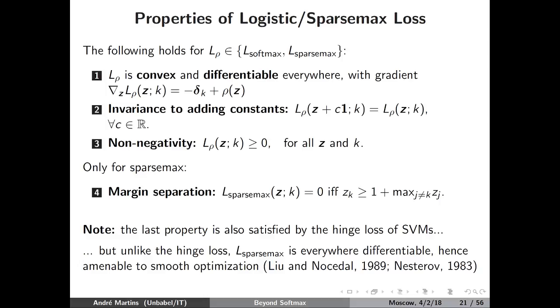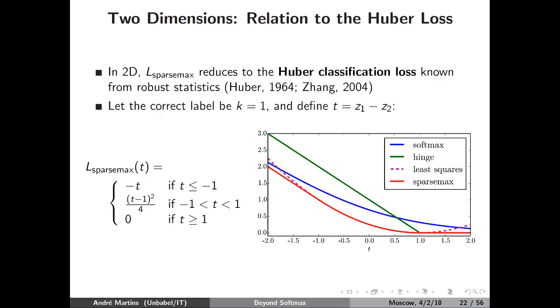If you look at the hinge loss, it looks like this. There's a point where it's not differentiable, which prevents you from using smooth optimization to solve the optimization problem of SVMs. But with this loss, you can use those methods, like the fast Nesterov gradient methods and other stuff, like LBFGS. To get some intuition, look at how this looks in 2 dimensions.